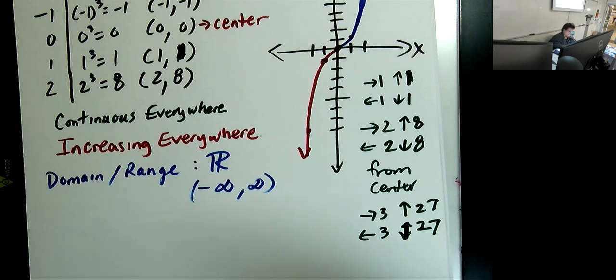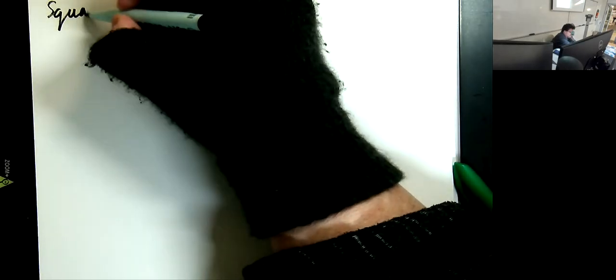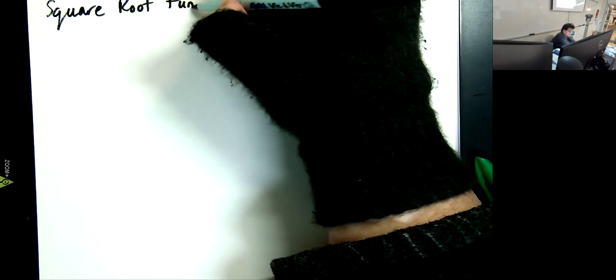All right, let's look at the other functions. Let's look at the square root function. f of x equals the square root of x.